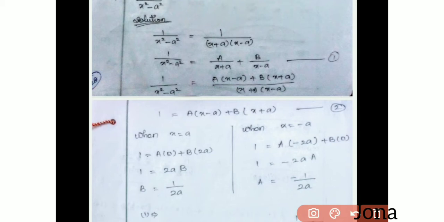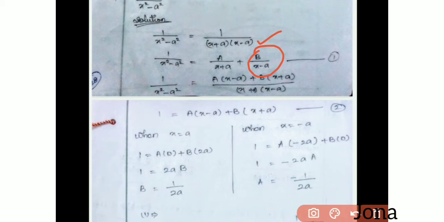Introduce the constants here. Let me take the first factor x plus a as A by x plus a, plus the next one x minus a, so I take it like this, B by x minus a.